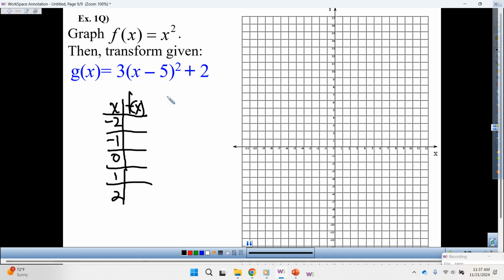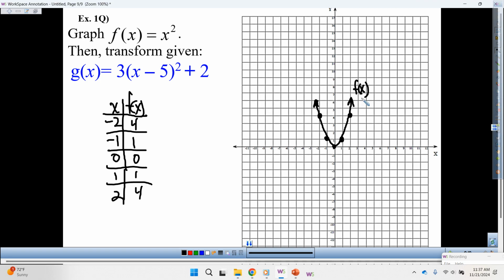Remember, if they don't give us any instructions just to graph, make a table. All right, Mario, go. 2 squared. 1 squared. Let's go -2, 4, -1, 1, 0, 0, 1, 1, 2, 4. This is our f of x.